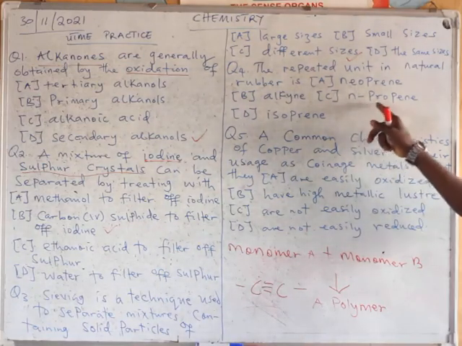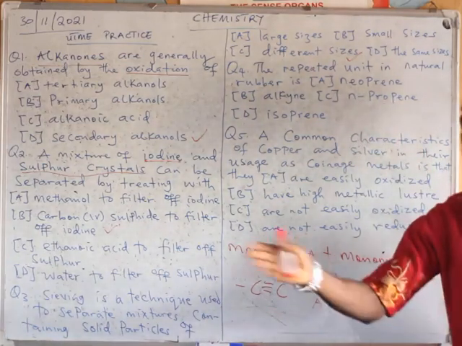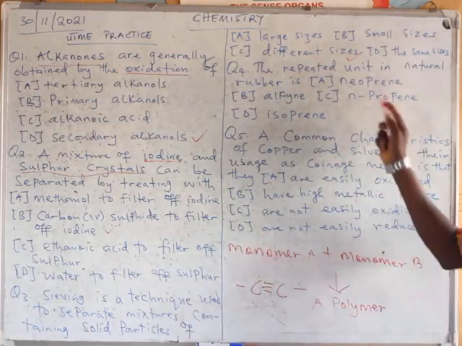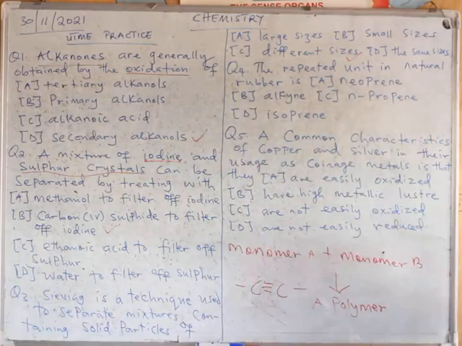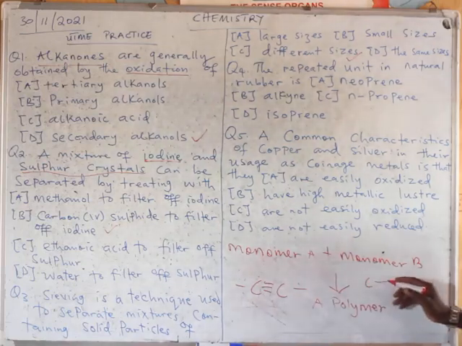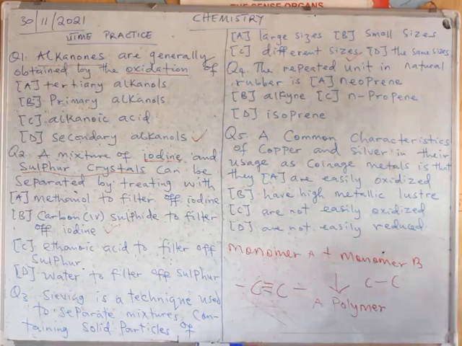Then when you say N-propene, we are talking of normal propene. Normal what? Propene. Propene has how many carbon atoms? 3. When you say methane, 1 carbon atom. Ethane, 2 carbon atoms. Propane, 3. Isn't it?